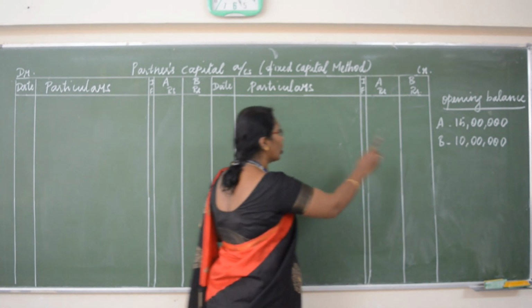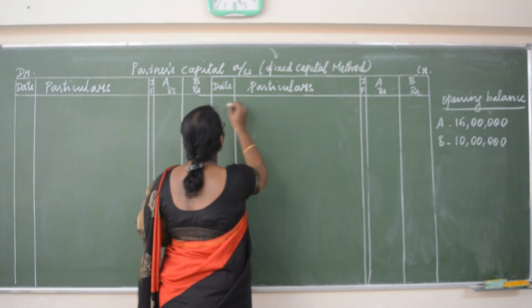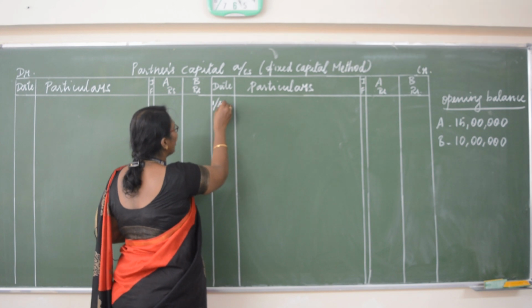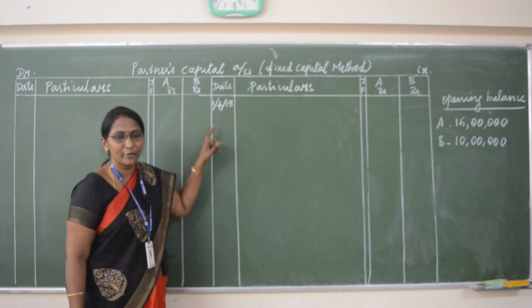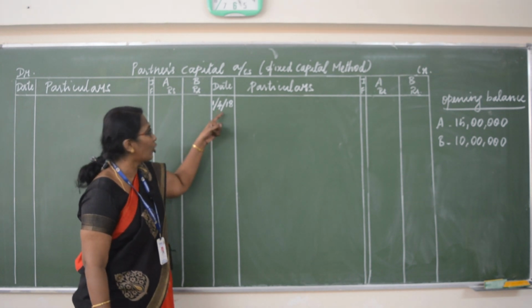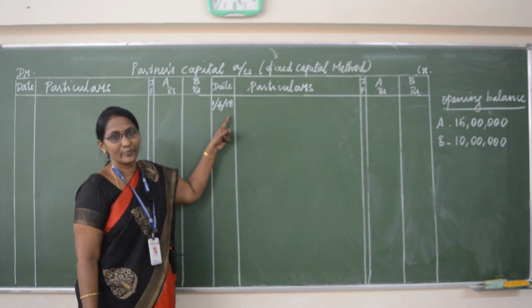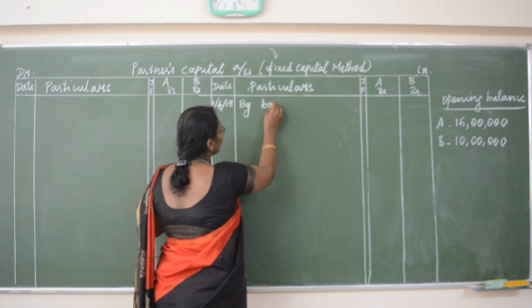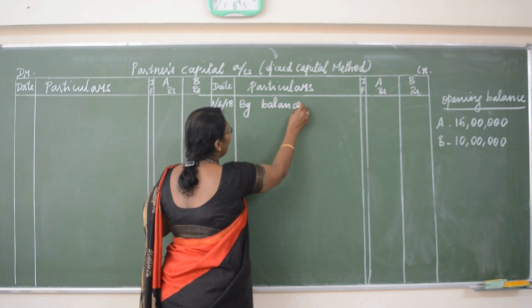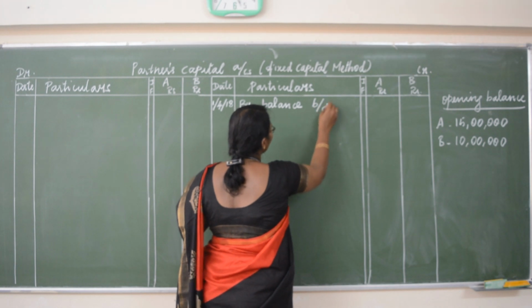Now we shall write the opening balance. I have to write the opening date. What is the opening date of the financial year? 1/4/2018. Opening balance I have to write here as by balance brought down.